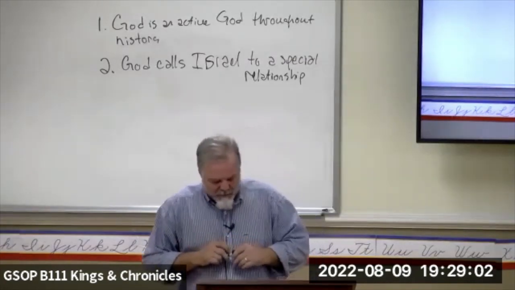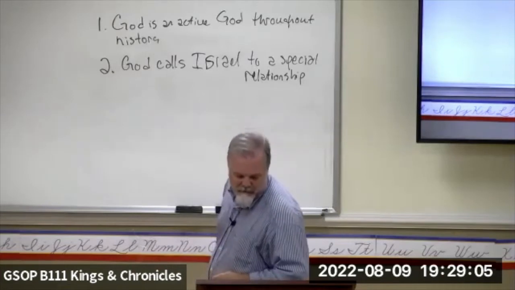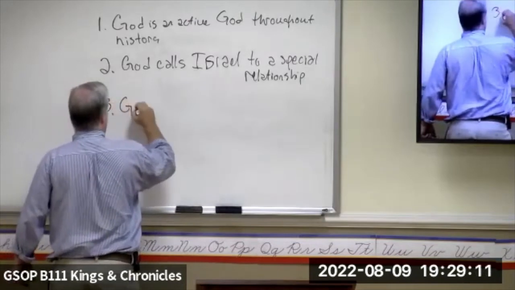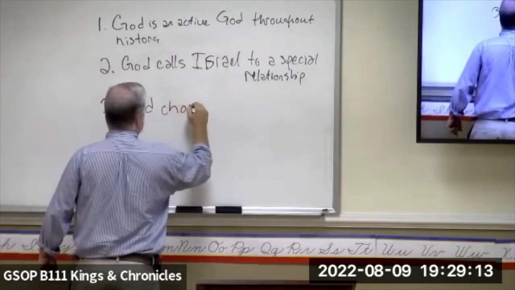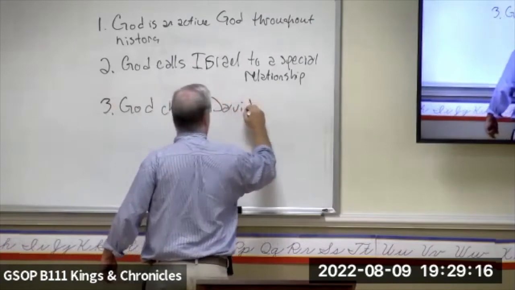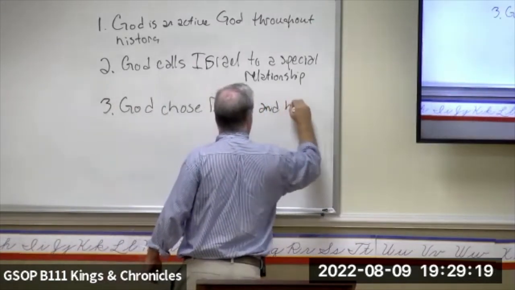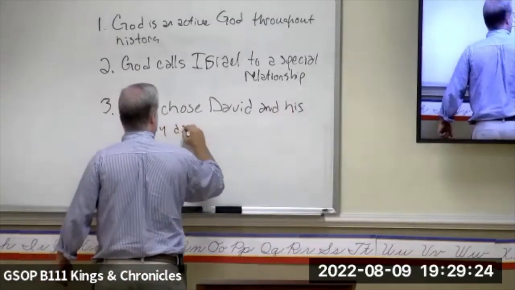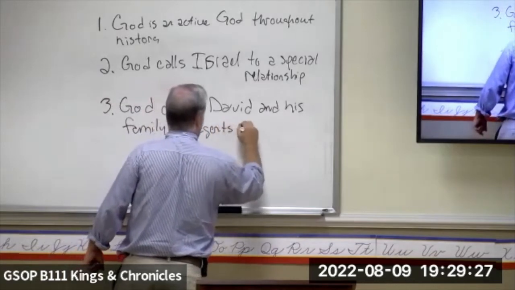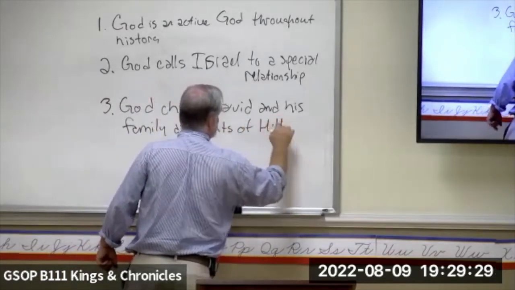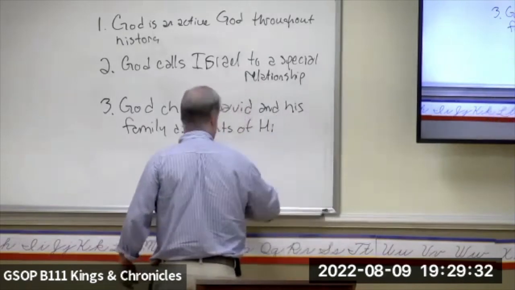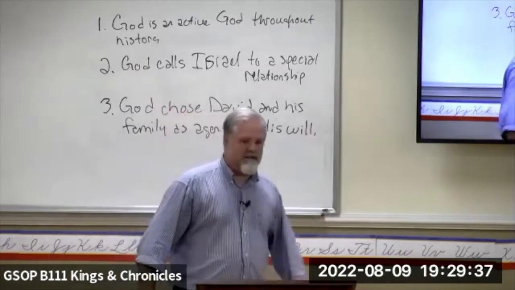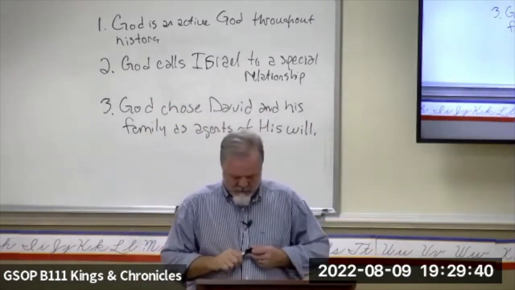All right. Number 3. God chose David. Remember, God chose David and his family as agents of his will.